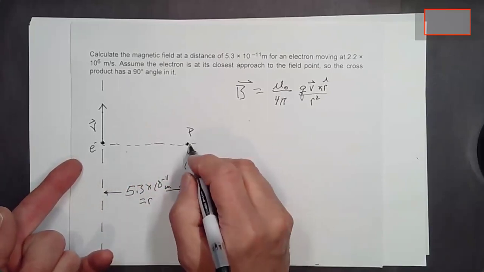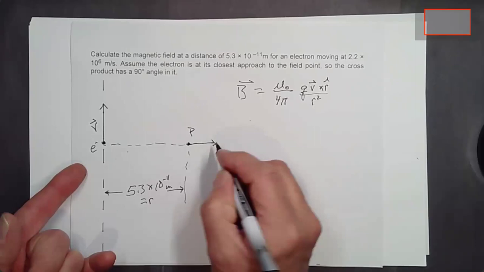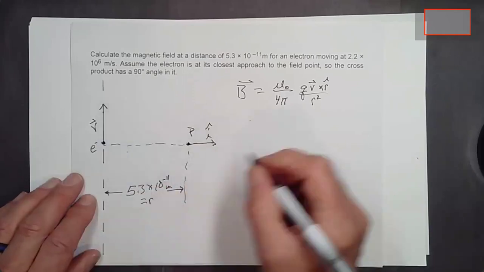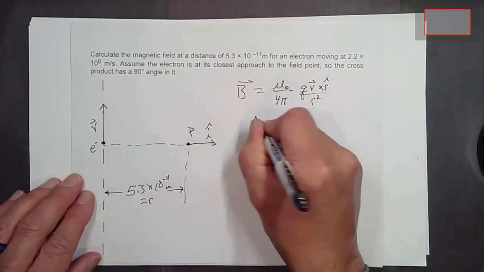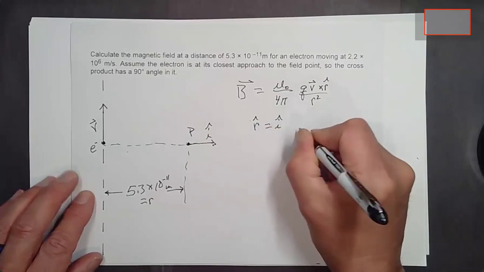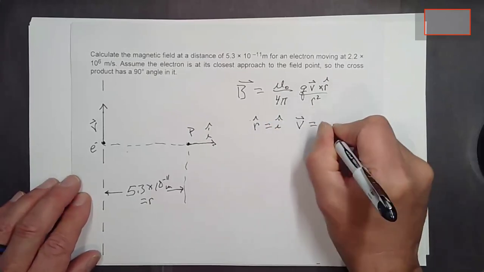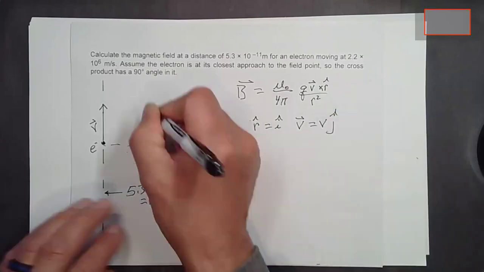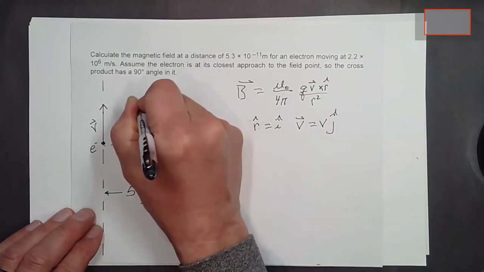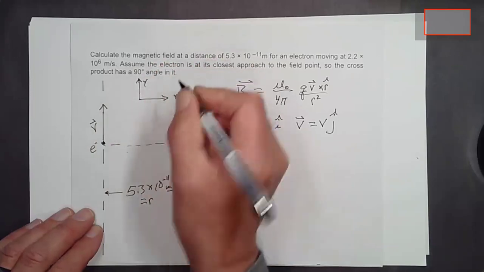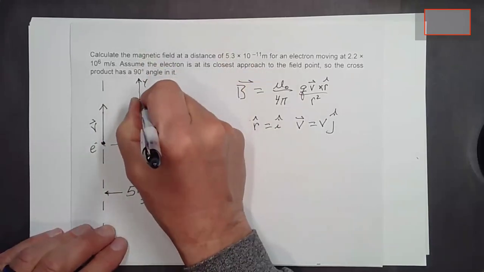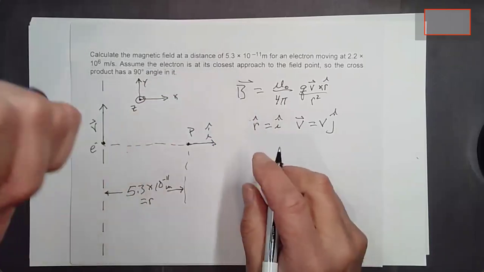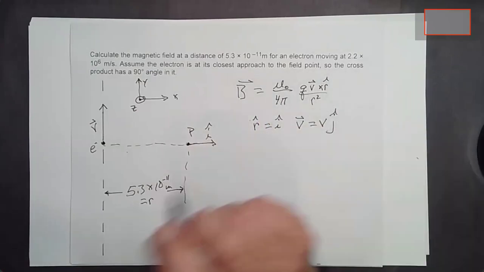I could actually just set up a coordinate system and let this be i hat. r hat in this case is just going to equal i hat. v is going to equal the magnitude of it, but in the j hat direction. So I'm imagining a coordinate system here with x pointing that way, y pointing that way, and z would be a vector that points up out of the page. So z is going to be pointing at you out of the page here.